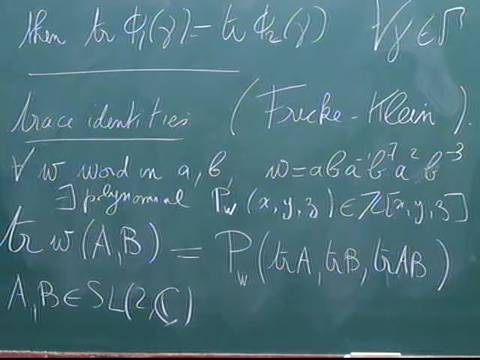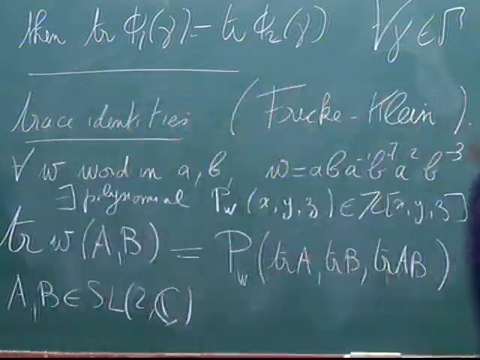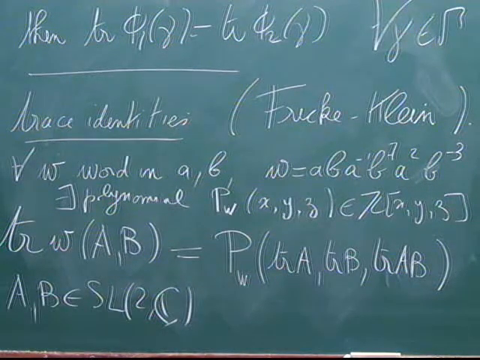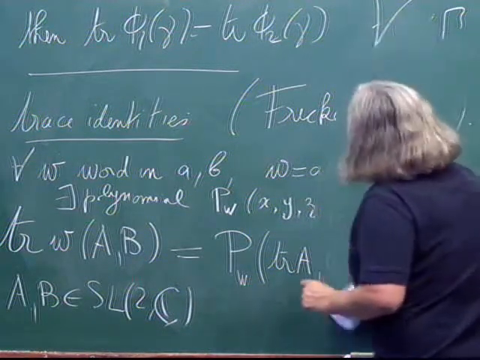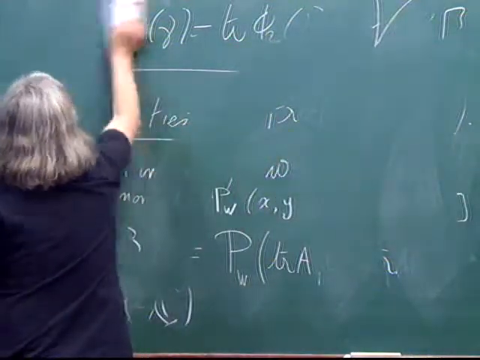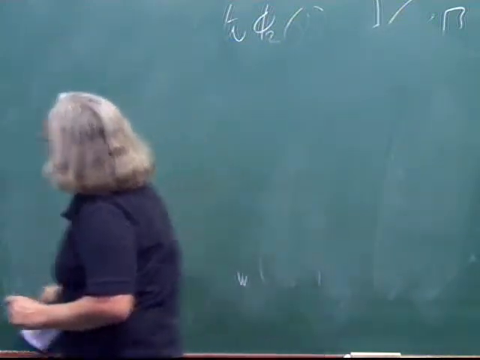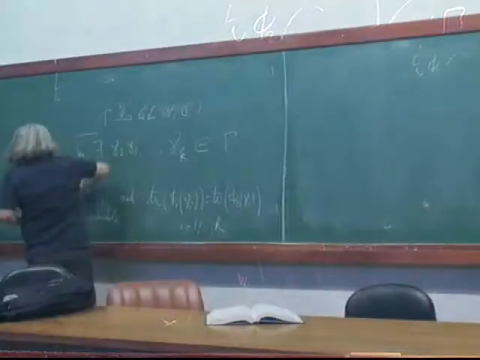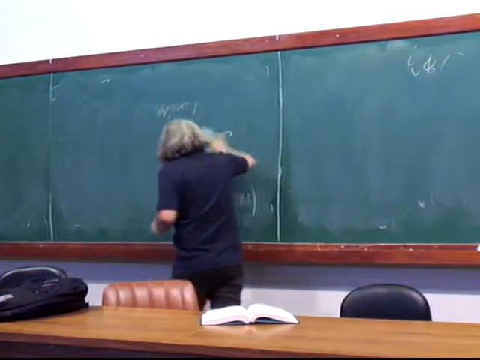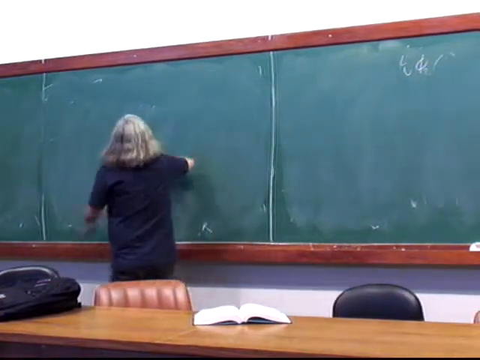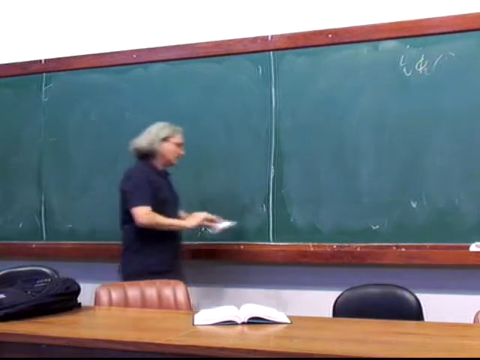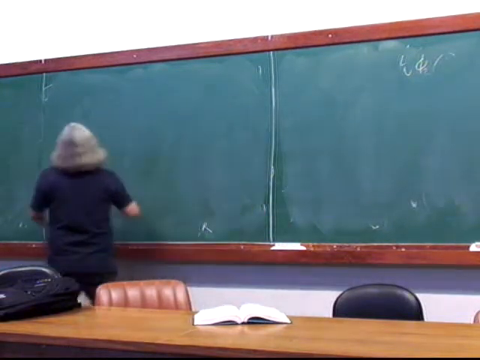Now, the next step that is very important in the proof of Poincaré and Klein is the following. And this is explicitly explained in Poincaré and Klein. It says the following. This is the following theorem.